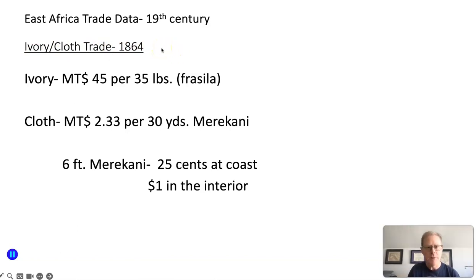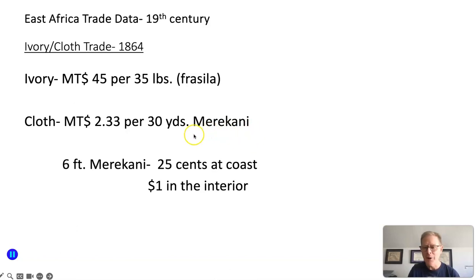So this is data from 1864, for example. Ivory is selling for, these are Maria Theresa silver dollars, 45 silver dollars for 35 pounds. Cloth then is selling for 2.33 silver dollars per 30 yards. Okay? And this is a particular kind of cloth which is known as Merikani.